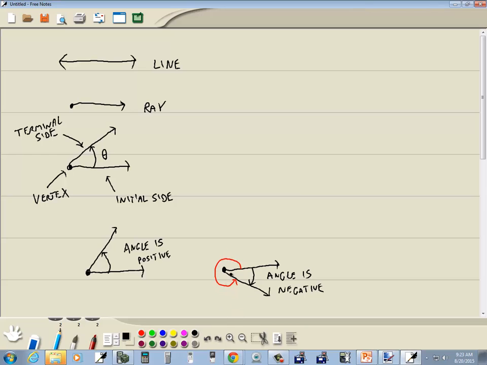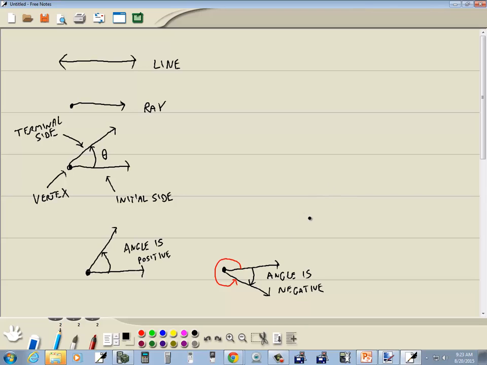You notice that they both give us the same terminal side. We're going to see that there are many different possibilities that would give us the same terminal side. We can go this direction, this direction, or this direction and then all the way around and back to that side. There's actually an infinite number of possibilities that would give us this terminal side.